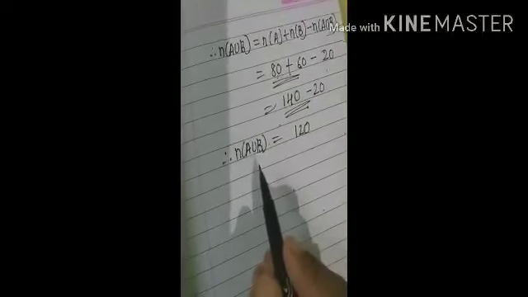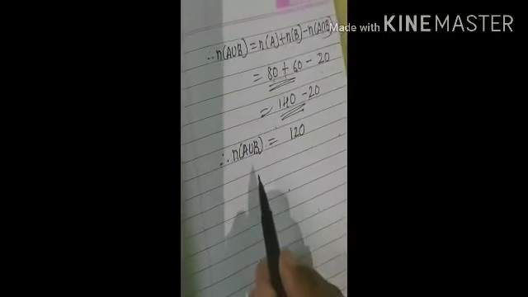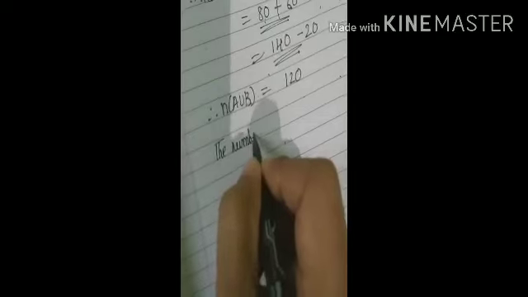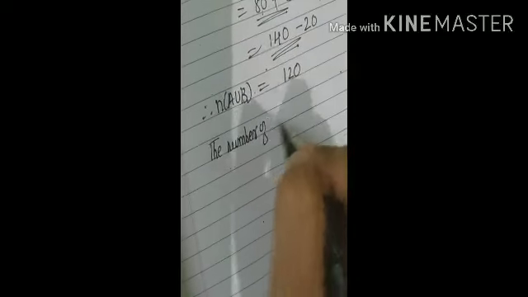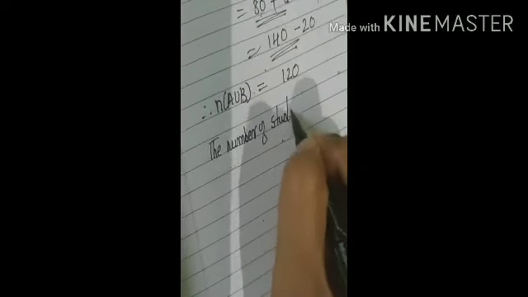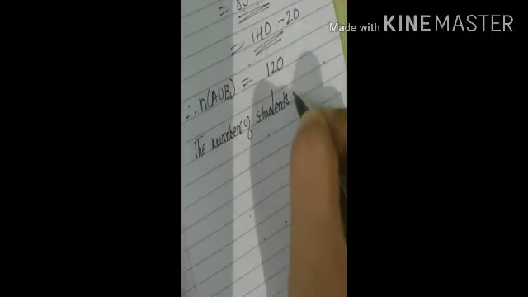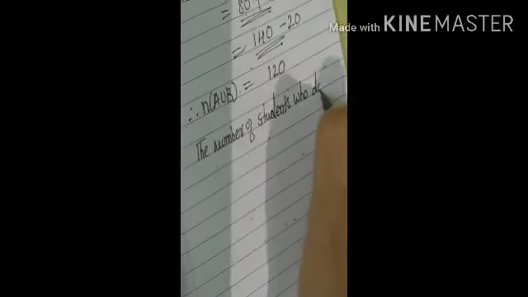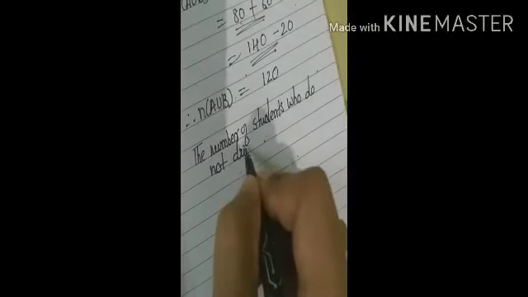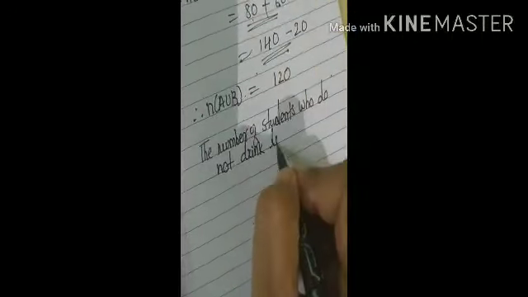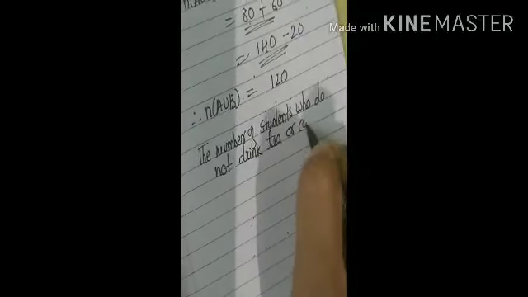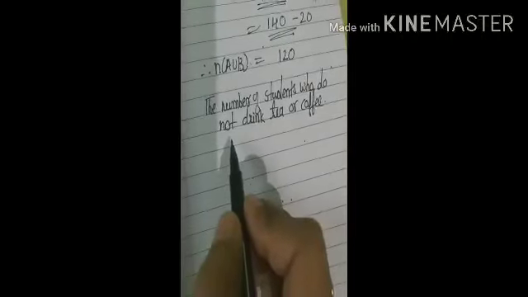Now we have to find the number of students who do not drink tea or coffee. So write down the number of students who do not drink tea or coffee. So how do we find it?